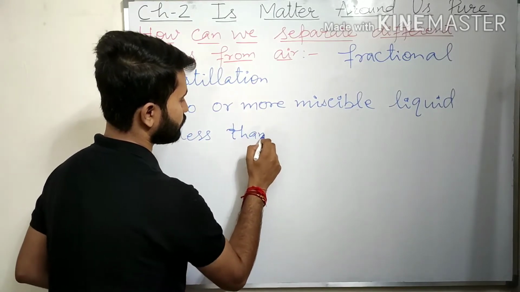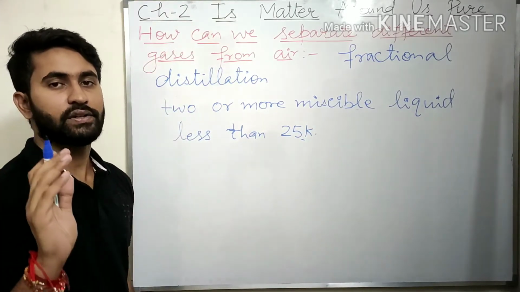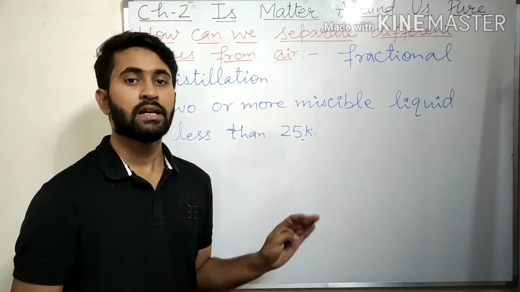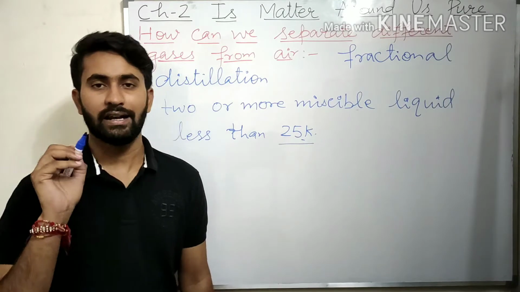Less than 25 Kelvin. So fractional distillation is used to separate those miscible liquids whose boiling point difference is less than 25 Kelvin.